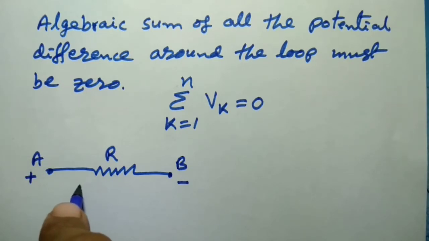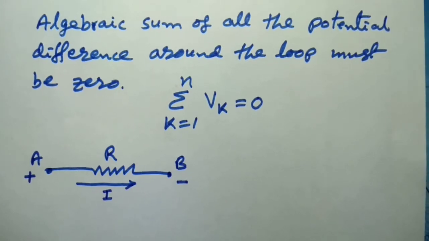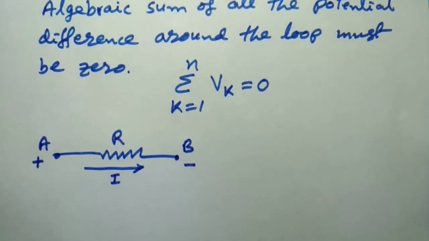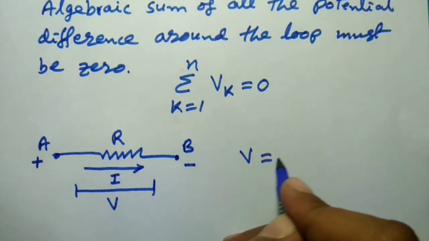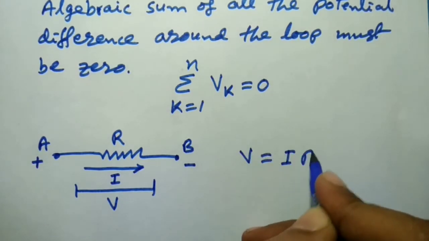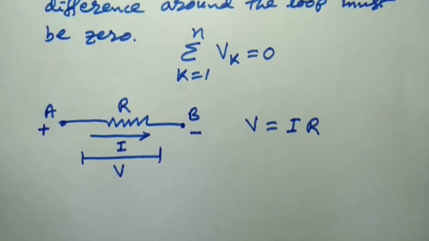And let's say the current direction is from A to B. Therefore, the voltage drop across the resistance V can be written as I into R. Now the question is whether this value will be taken as positive voltage drop or negative voltage drop.